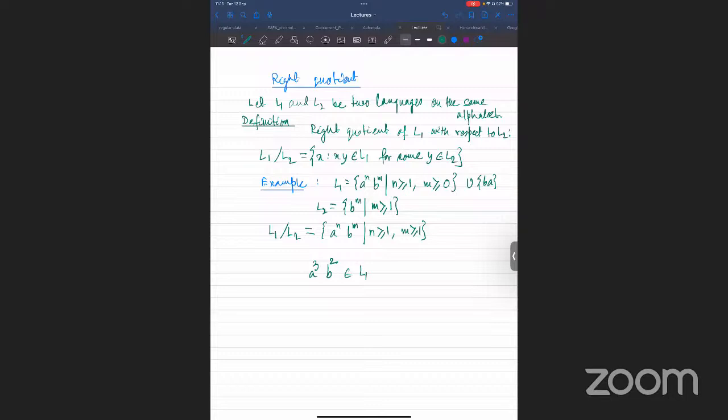Yes, it has, right? So for example, for this, you can get a^3 b^1 and, right? So if you consider this word here, then this word belongs to L1 slash L2. Suppose, and this one belongs to L1 slash L2.